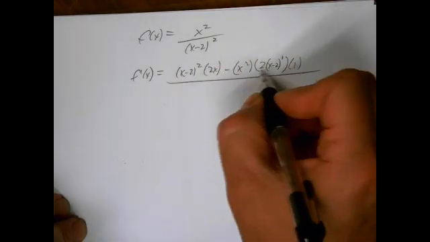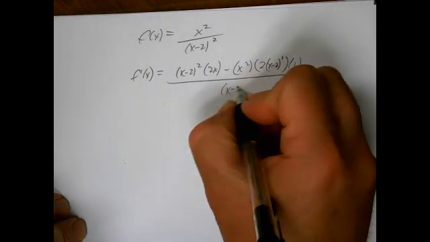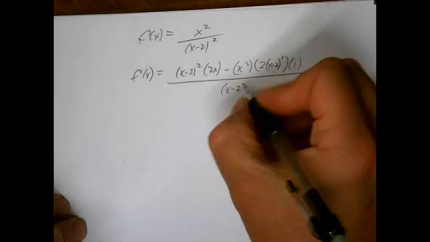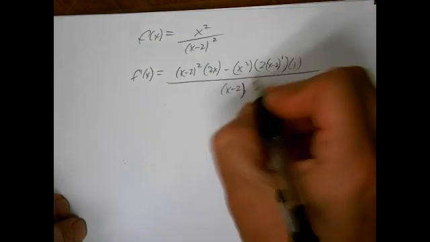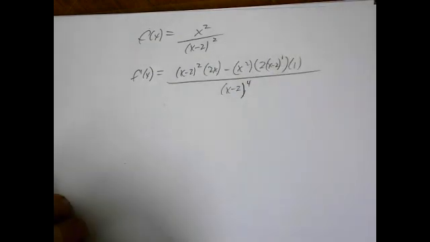All right, so this is bottom, derivative of top, minus top, derivative of bottom over the bottom squared. And since the power was already a second power, squaring it will bump it up to the fourth power.